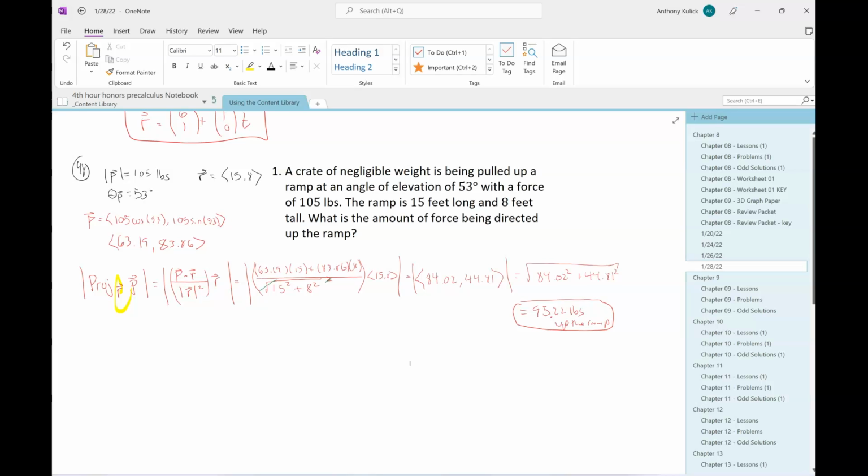On 49 and 50, you have three vectors. You have a force of gravity, you have a force of the pull, and then you have your ramp. So on 49 and 50, you want to add the two forces together, the force of gravity and the force of the pull, and then project that new vector onto the ramp. That is what you would do differently.